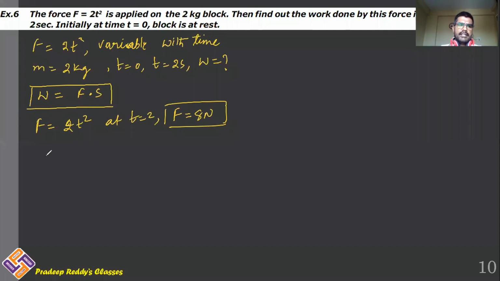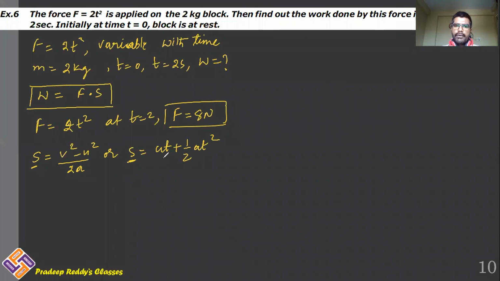S is equal to V square minus U square divided by 2A, or S is equal to UT plus half AT square. In both cases, acceleration and final velocity are involved. So in order to find displacement, you should calculate acceleration as well as final velocity. If you calculate final velocity, you will get acceleration, and taking that acceleration, you can find displacement.